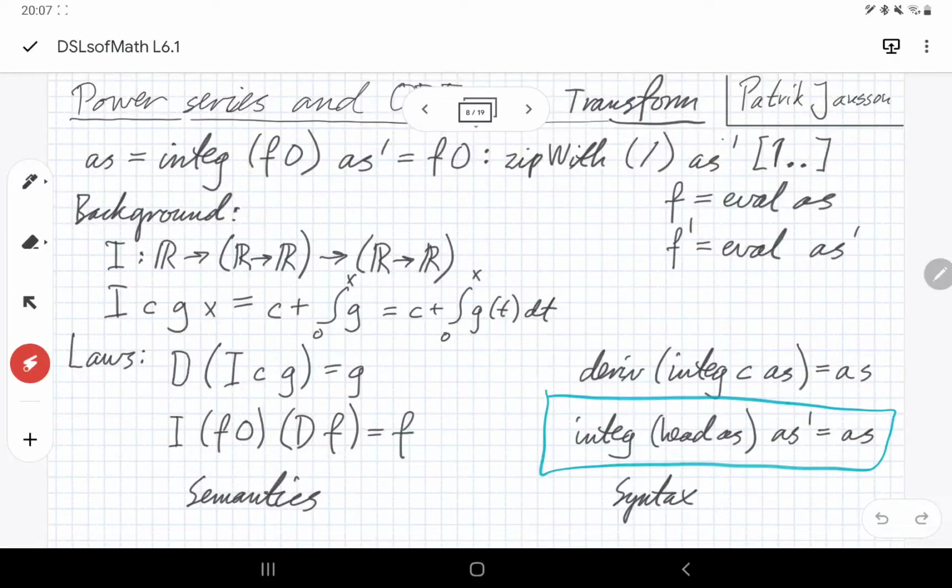And this works in both directions. So if you first compute a derivative, then you lose the information about the constant term, but everything else is kept. So if you then integrate starting from that constant term, then you get f back. So this is the interaction of integration followed by differentiation, or differentiation followed by integration, as a pair of inverse functions.